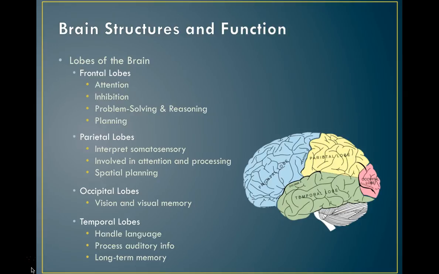I'm going to start by talking about the frontal lobe. The frontal lobe is really where our executive functioning powerhouse is. Executive functioning is made up of things like attention, the ability to inhibit yourself, problem solving, reasoning, being able to plan for things like long-term projects.